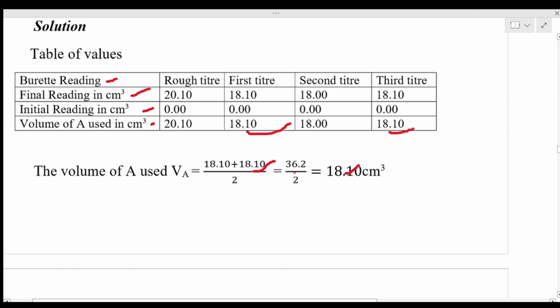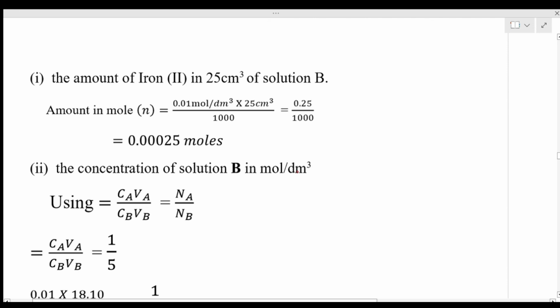Let's move to the questions quickly. The first question says we should calculate the amount in moles of iron 2. The formula used in calculating amount in moles is amount in moles equals concentration in mole per dm3 times volume over 1000. The concentration in mole of B given is 0.01.